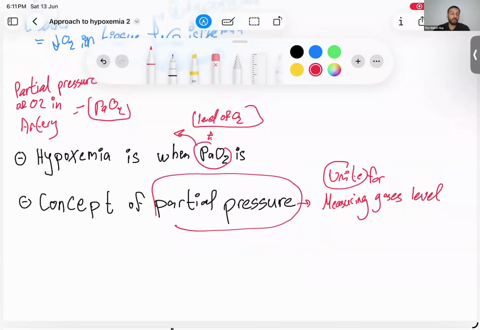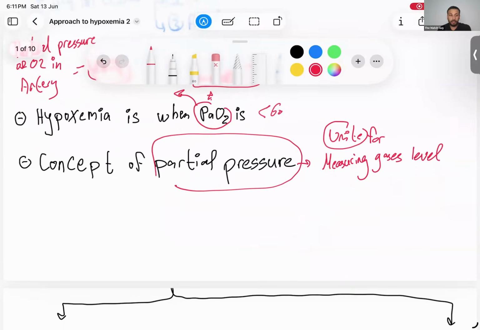Does any one of you guys know? Yes, lower than 60. We say that the patient is hypoxemic when the PaO2 is less than 60. Someone said 90. Yeah, this is another cutoff value, but the one they use is less than 60.